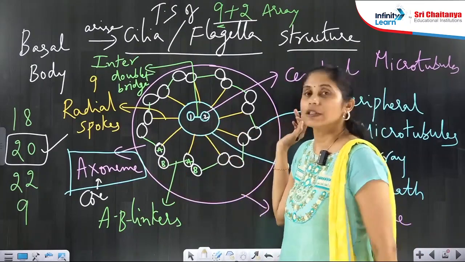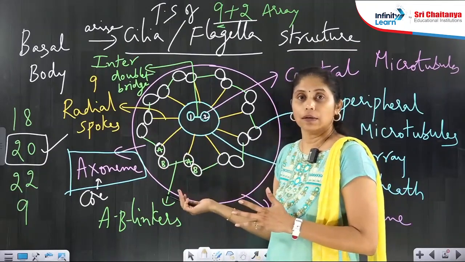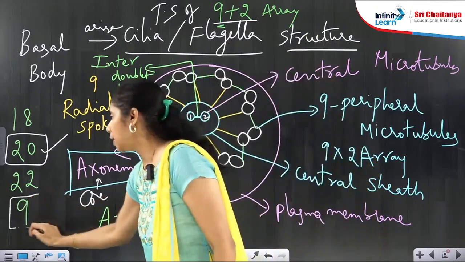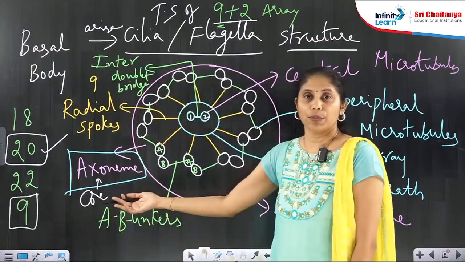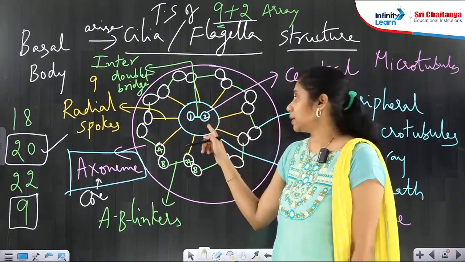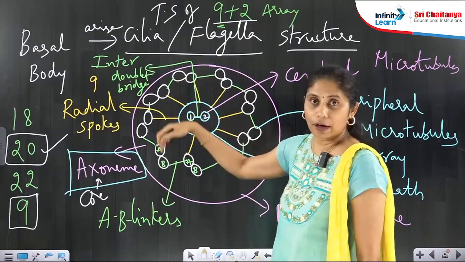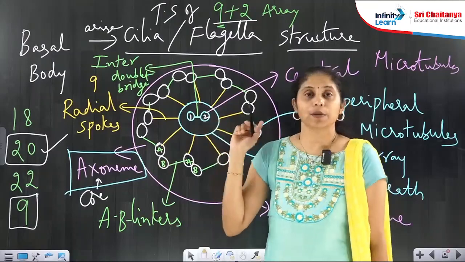Total microtubules means 20. But how many doublets are there? Doublets means 9 twos. The answer will be 9 doublets, the peripheral ones, and one doublet in the center. So 10 doublets in total, but 9 will be peripheral doublets and the central one doublet is present.